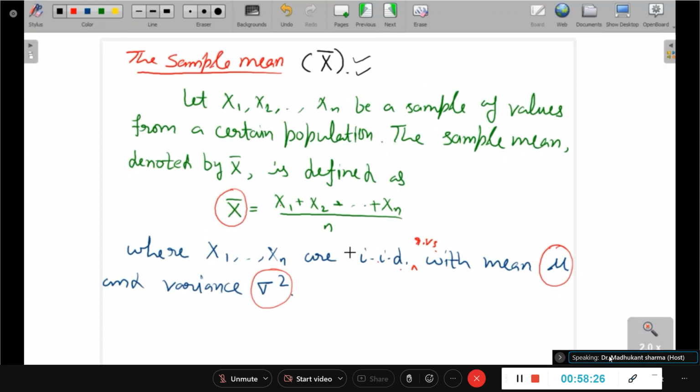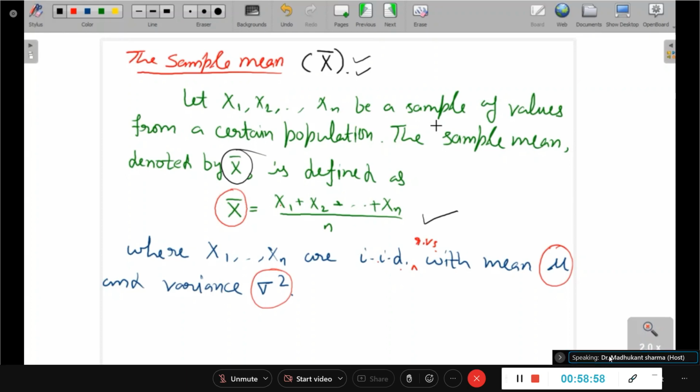Then the sample mean, which we denote by x bar, is defined as the summation of the n sample values divided by n. I think that's very usual. When you are working with a sample of values, you should understand that they are identically and independently distributed random variables.